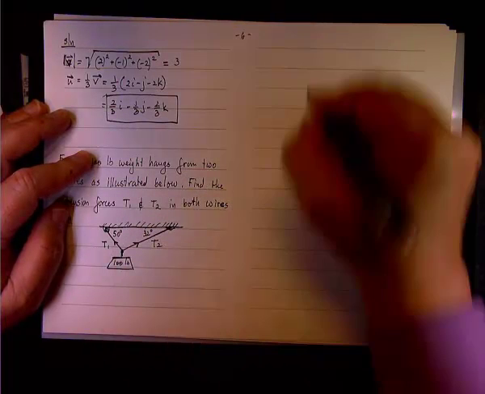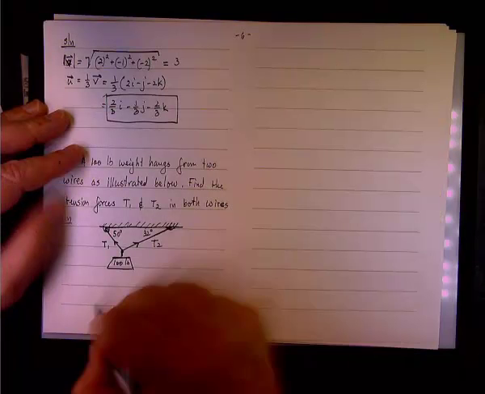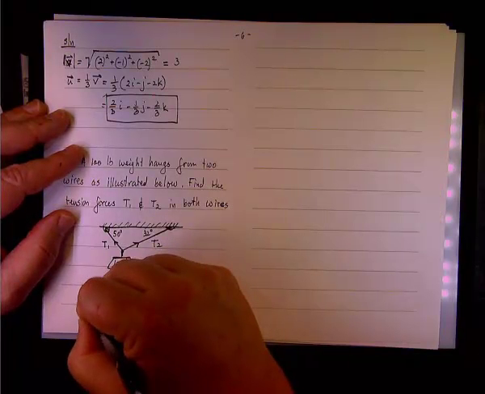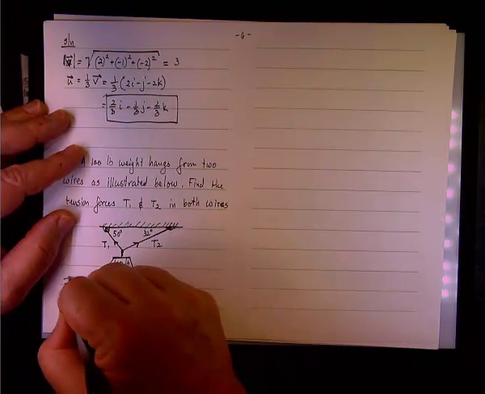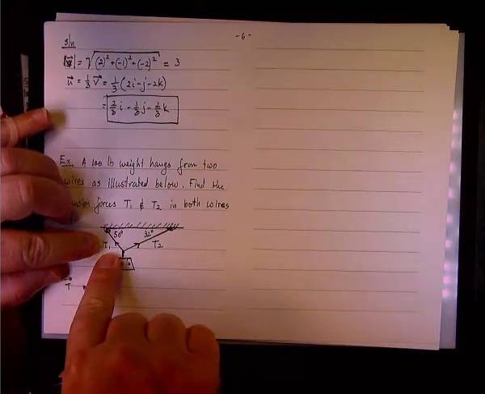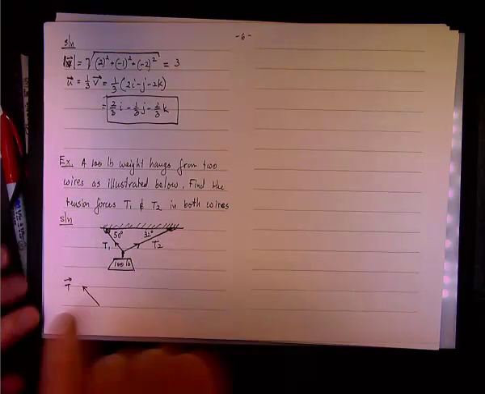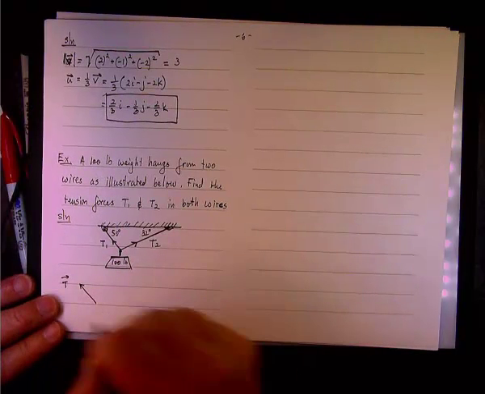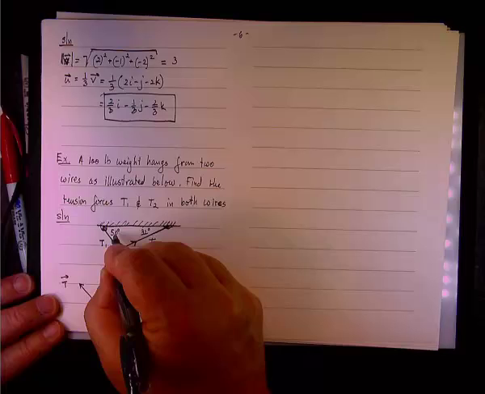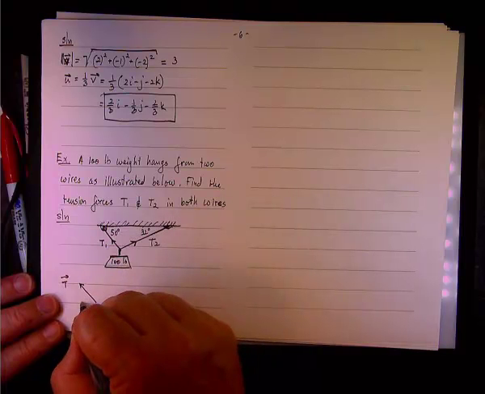So if I'm looking at this, T1 is a vector, right? So let's say this is vector T1. Notice that it's different than T1, which is just the magnitude. T1 and T2 without the vector symbol, okay?